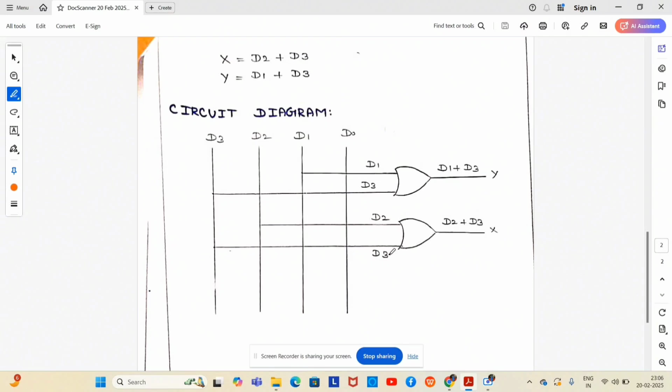That single curve gate, D2 plus D3, is the output of X. Next for Y, D1 plus D3. D1 is one input and the other is D3. So D1 plus D3 means OR gate. That is the output of Y.